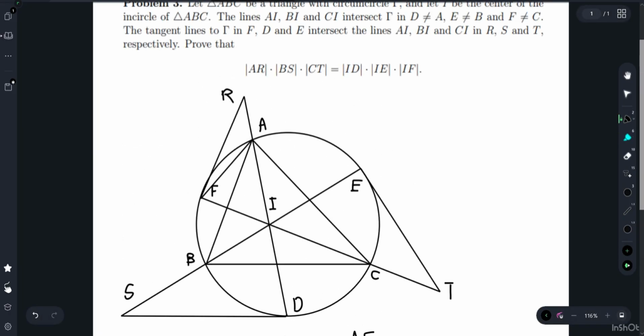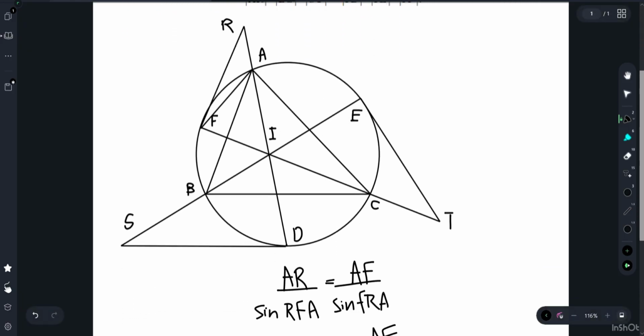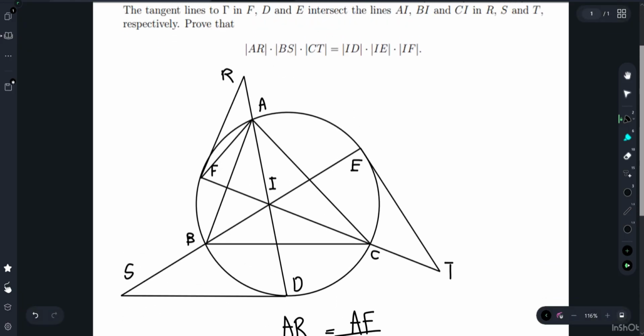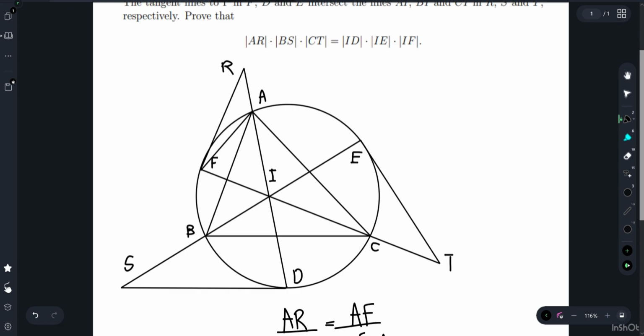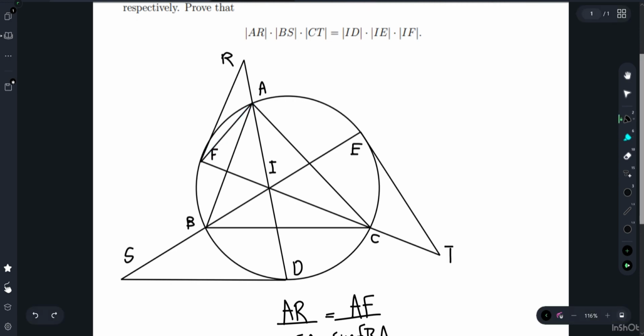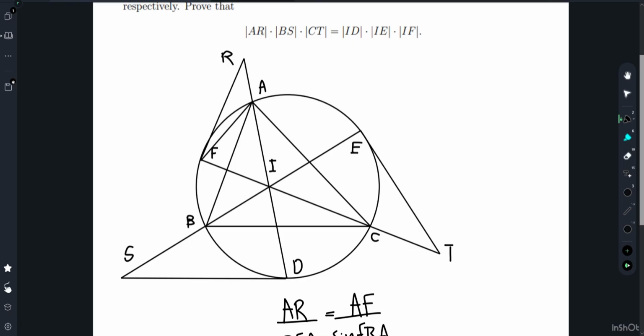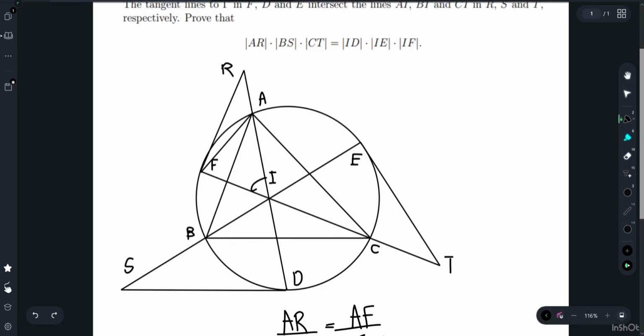This is good and all, but we don't want AF. We want IF. So let's take a look at triangle AIF now. We know AF, and now let's do some angle chasing, because this triangle does look isosceles. Let's look at angle FAI.